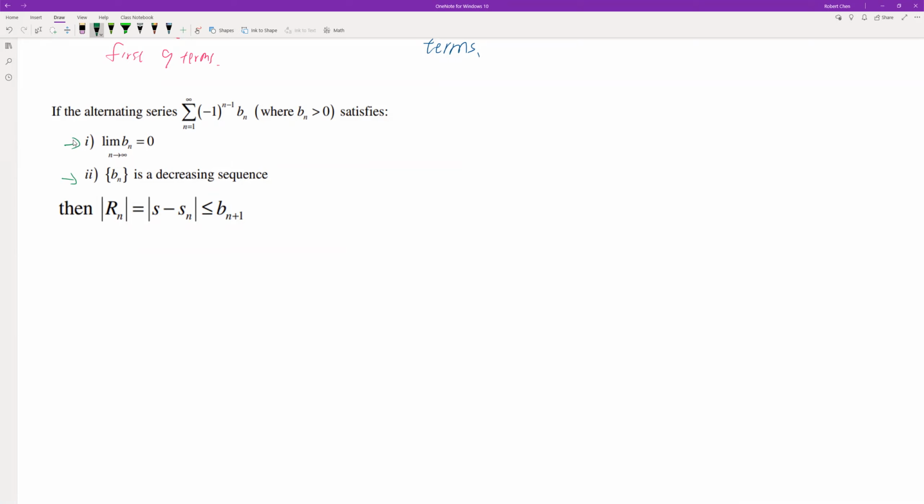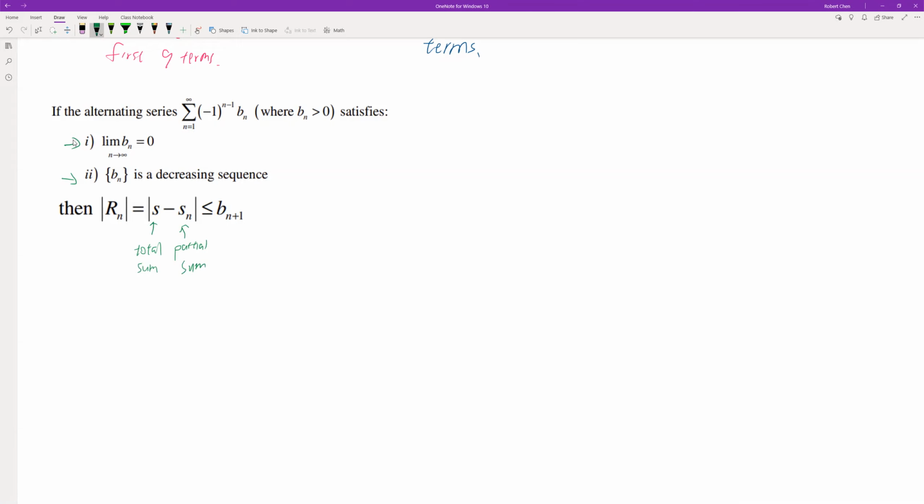Then the absolute value of the remainder, which is the total sum S minus the partial sum Sn, is less than or equal to Bn+1, which is the first term in the remaining terms.